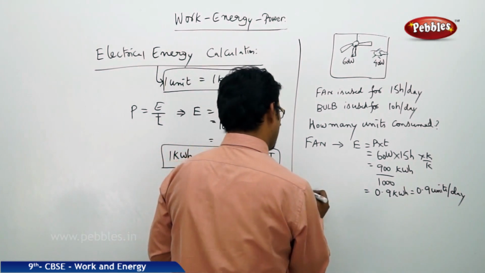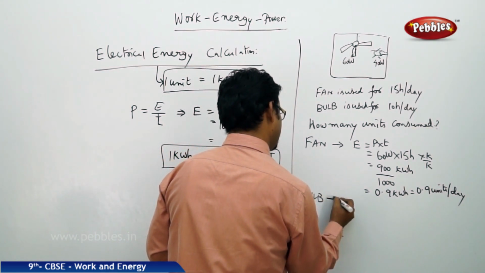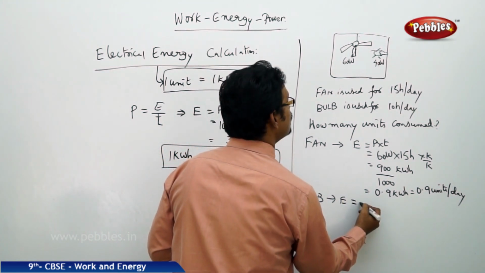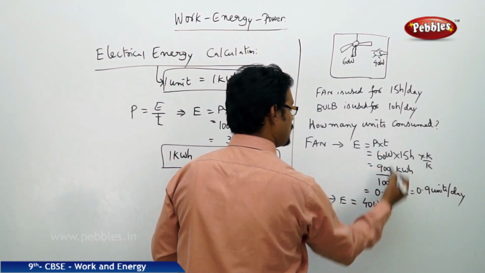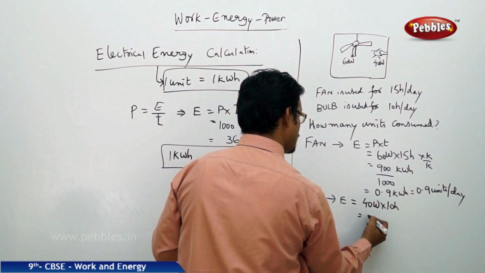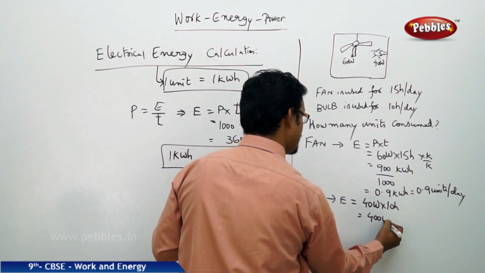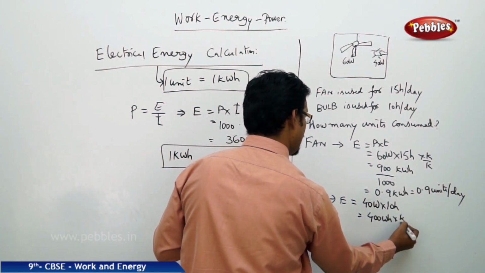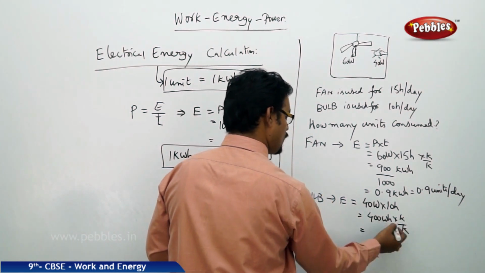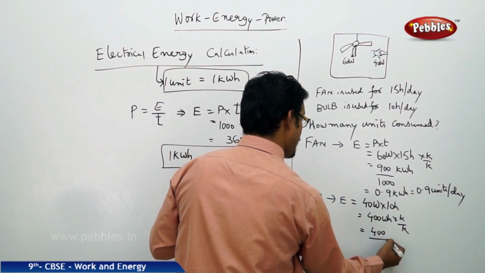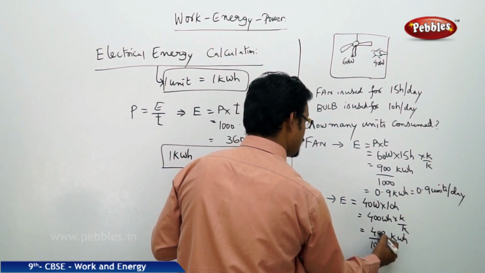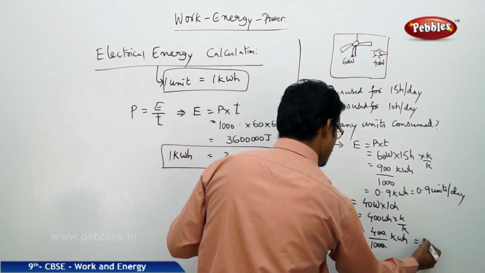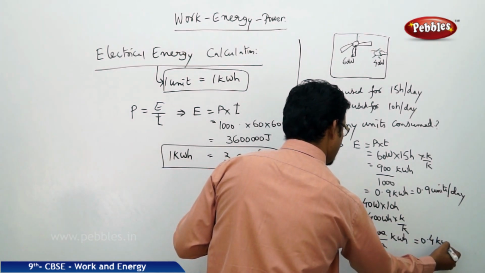Apply the same concept for the bulb. Energy equals power, which is 40 watts, used for 10 hours per day. So this is 400 watt hour into K by K, so 400 by 1000 kWh. So the zeros cancel and it is nothing but 0.4 kWh.